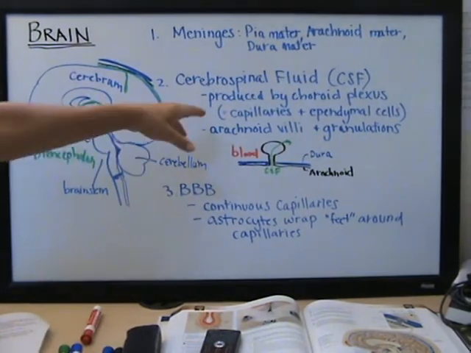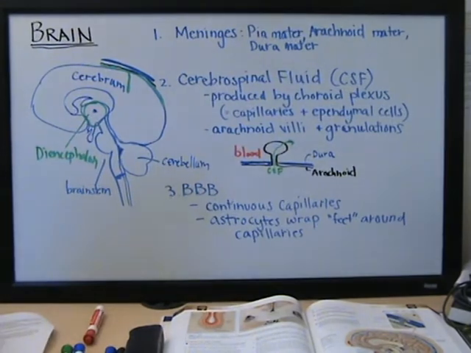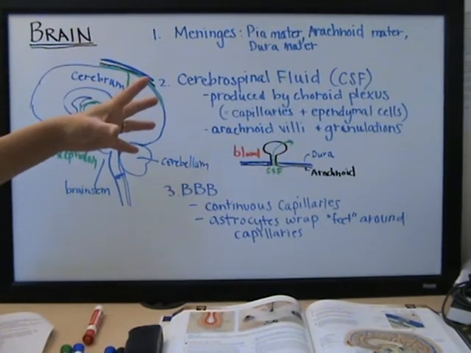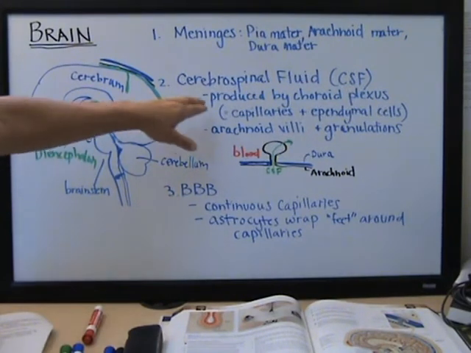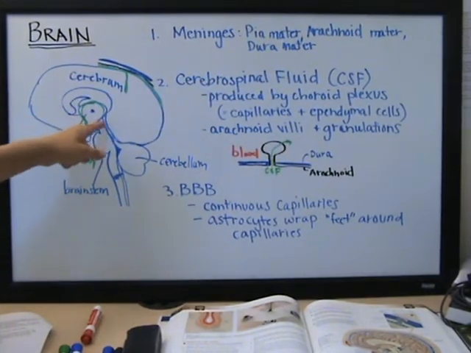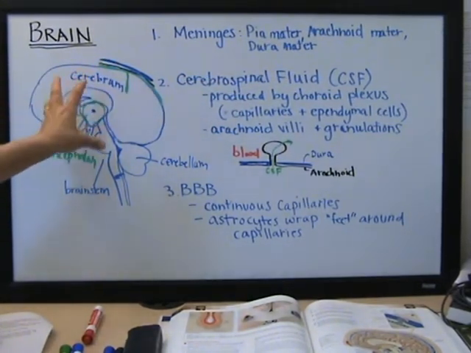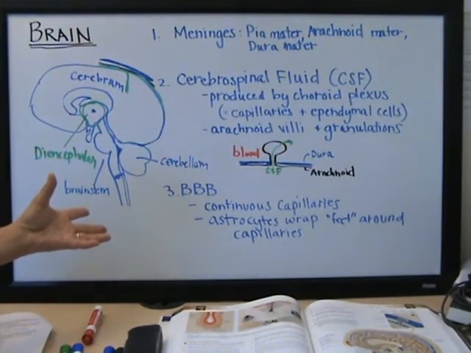The choroid plexus is a combination of capillaries and ependymal cells, found within the ventricles of the brain. So within these spaces in the brain, it produces, by means of the choroid plexus, the CSF, which then circulates through and within these spaces and then surrounds the brain and the spinal cord.